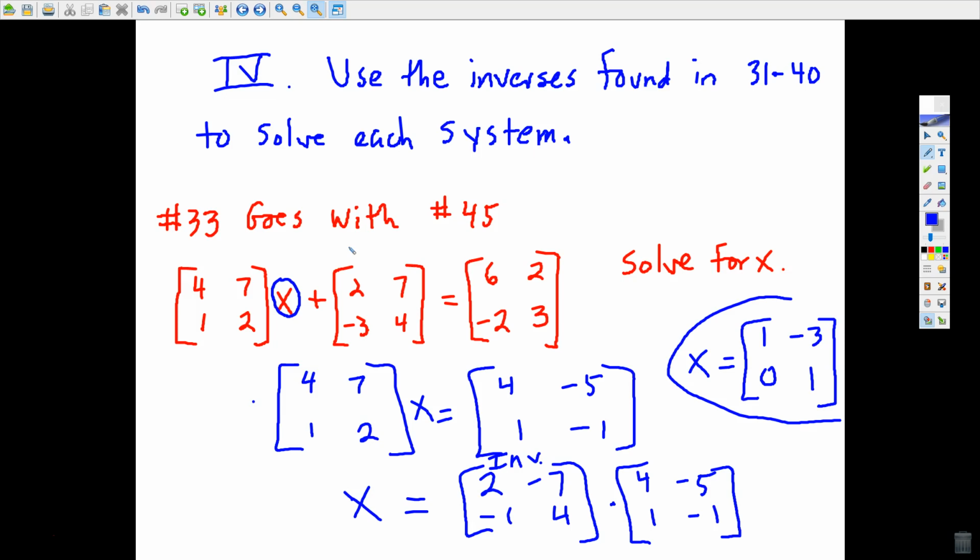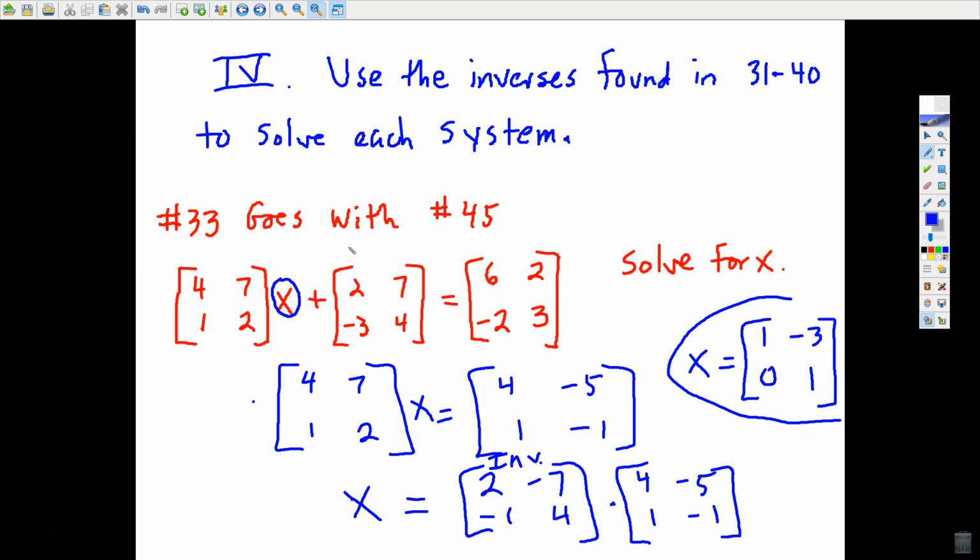Look at number 41. Do you see that number 31 is the coefficient matrix for number 41? Yes. So here's the deal. When you find the inverse for number 31, you're going to use that to multiply on the right side for number 41. So you don't have to find the inverse twice.